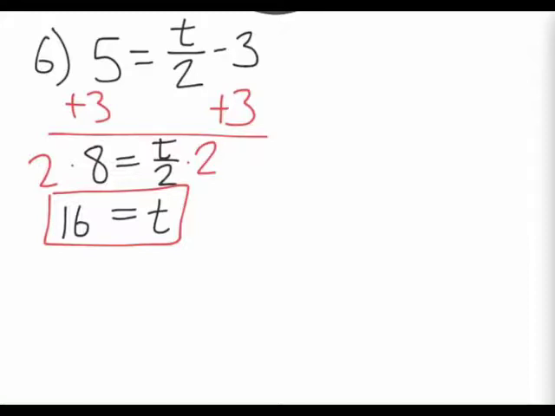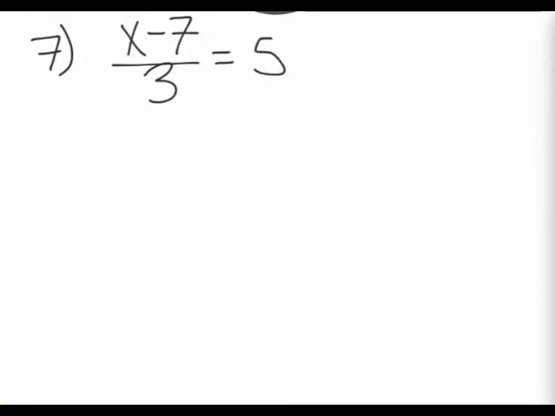So let's look at two other examples that are slightly more challenging. Try to think about why they're more challenging. x minus 7 divided by 3 equals 5. Again, there are two numbers that we have to move to the other side of the equation, 3 and 7.